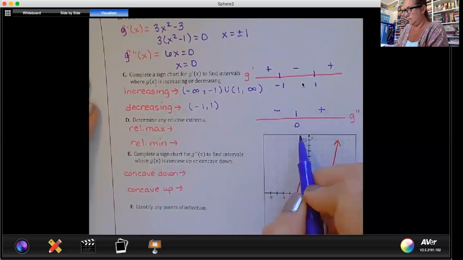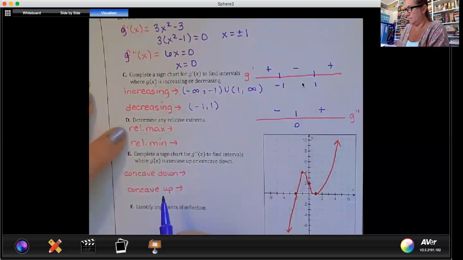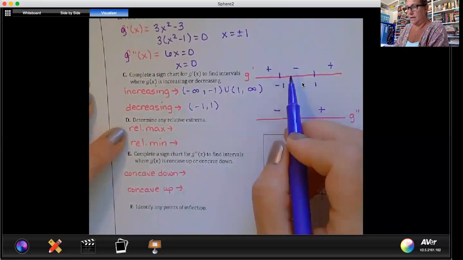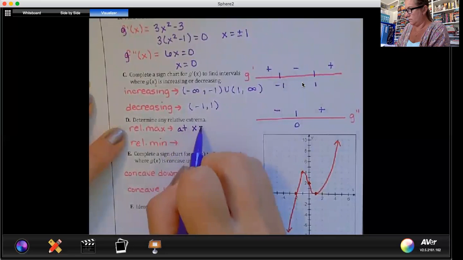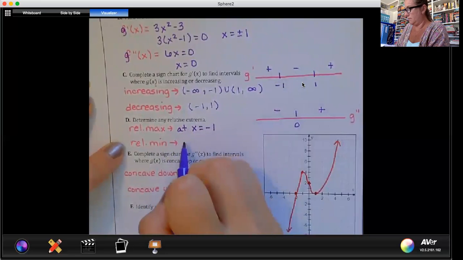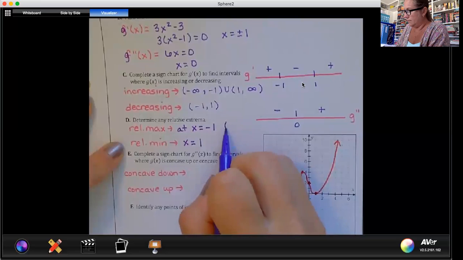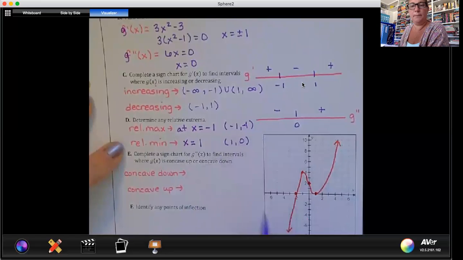Our relative max, I'm sorry, I'm looking at the wrong one. Positive to negative. So we have a max at x equals -1, and negative to positive, we have a min at x equals 1. If we were to plug those values in, this would be the point -1, 4, and this would be the point 1, 0.